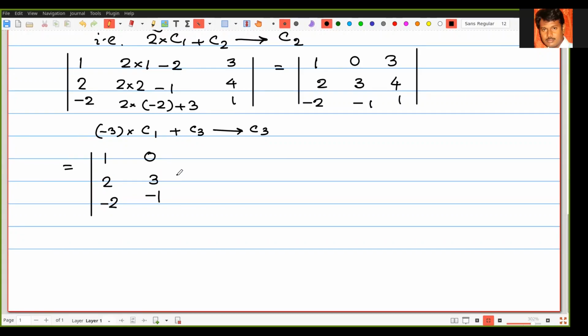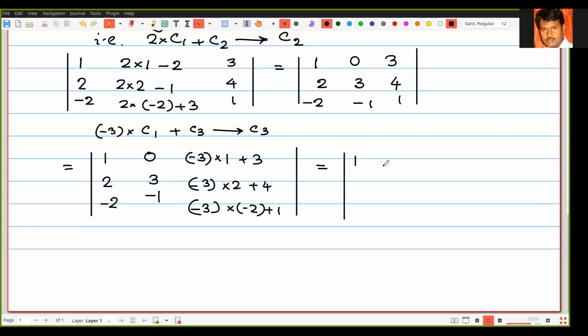Column 1 and column 2 are unchanged, and column 3 is now minus 3 into 1 plus 3, minus 3 into 2 plus 4, and minus 3 into minus 2 plus 1, which is equal to 1, 0, 0, 2, 3, minus 2, minus 2, minus 1, 7.